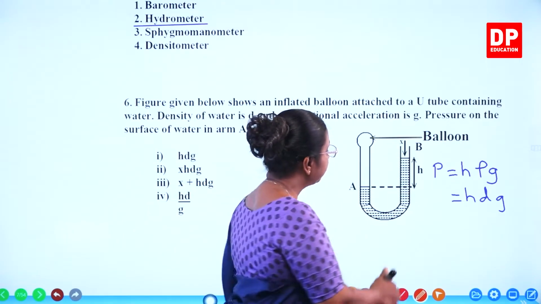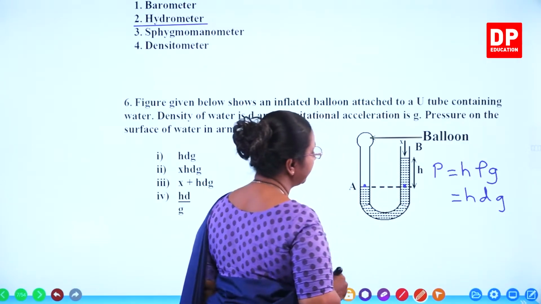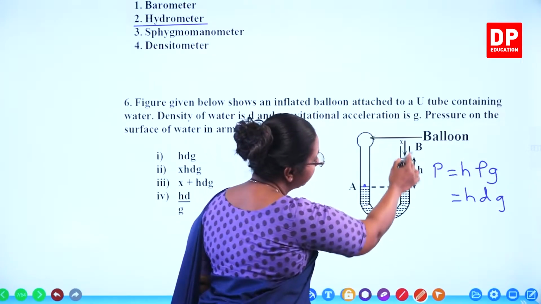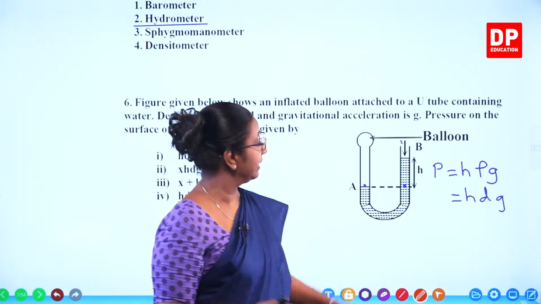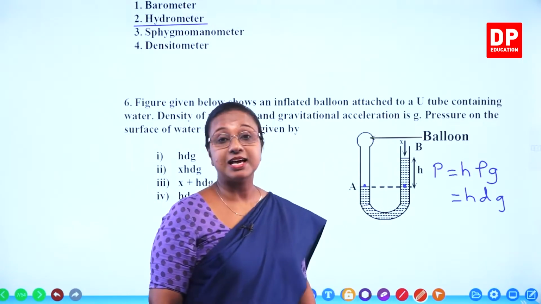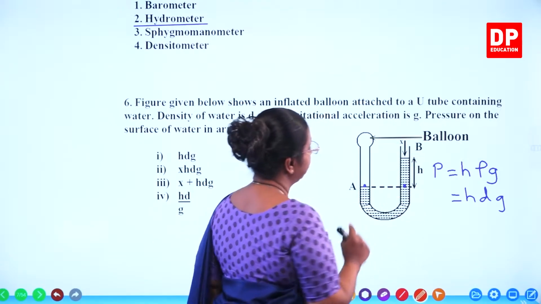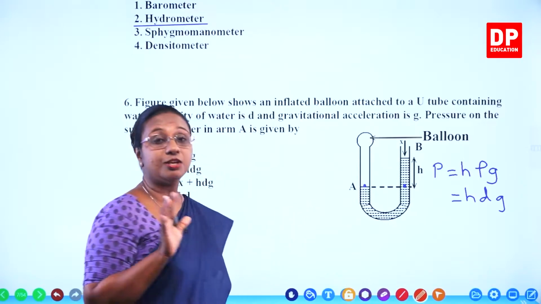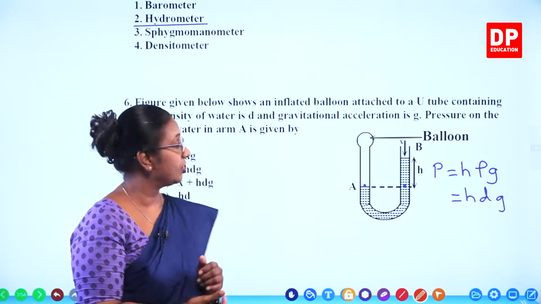So here the pressure at point A is equal to pressure at this point in arm B. So that is how we identify or calculate the pressure of air inside this balloon. Atmospheric pressure plus this pressure. So those are the things that you already know. When we did the activity, we discussed all these.